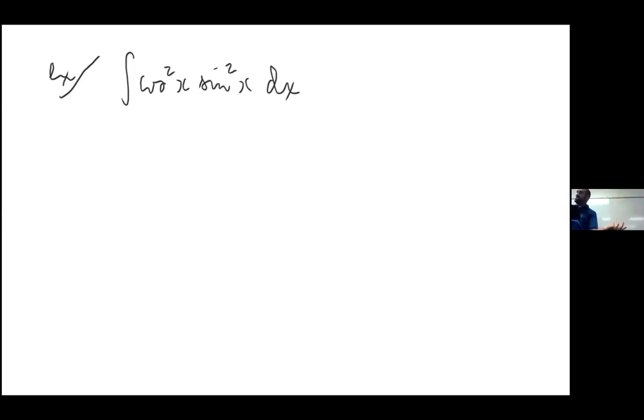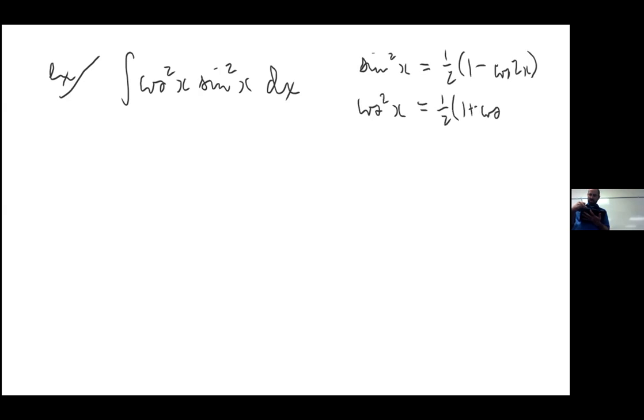So sine squared of x is equal to 1/2 (1 minus cosine of 2x), and cosine squared of x is equal to 1/2 (1 plus cosine of 2x).